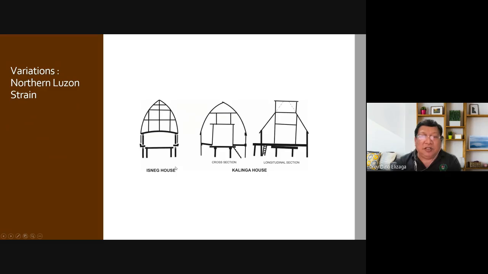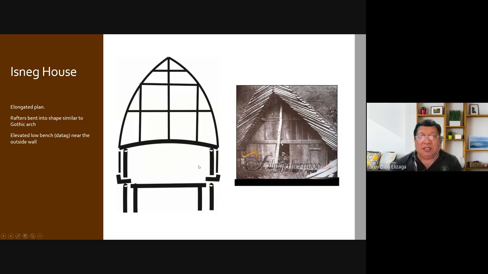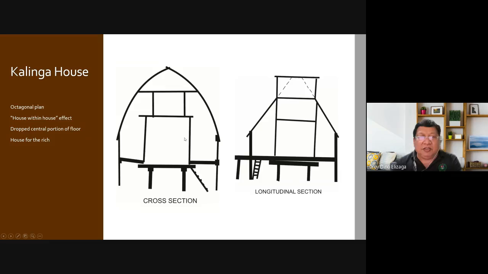In the northern Luzon, there's the Isneg house and the Kalinga house. The Isneg house has a Gothic-like arch for the roof. The picture here is not so good because it does not show the side, but again I had difficulty looking for a picture.